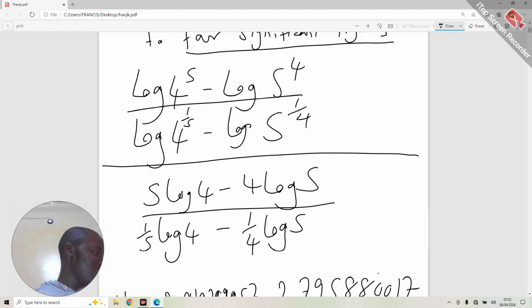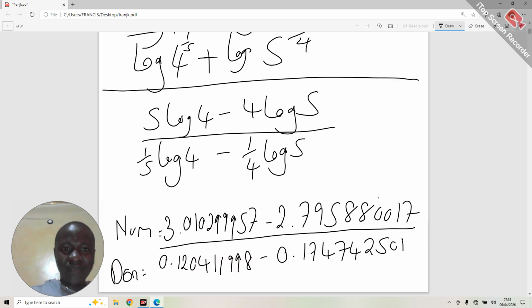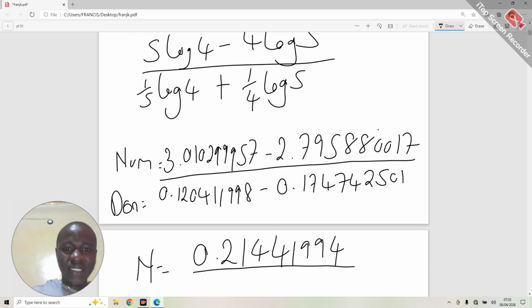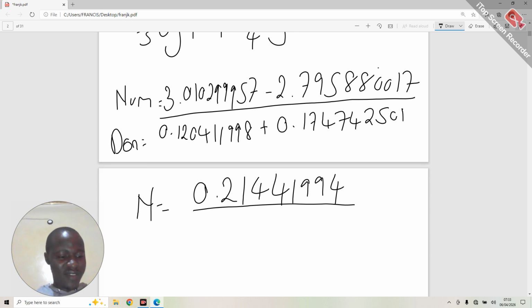The question read, evaluate giving your answer to 4 significant figures: log 4 power 5 minus log 5 power 4, everything all over log 4 power a fifth plus log 5 power a quarter. I am sorry for that, just a small mistake, plus. So sorry for that.